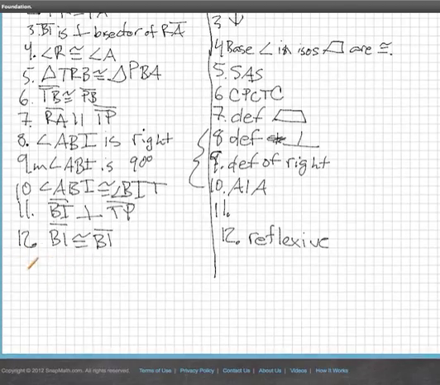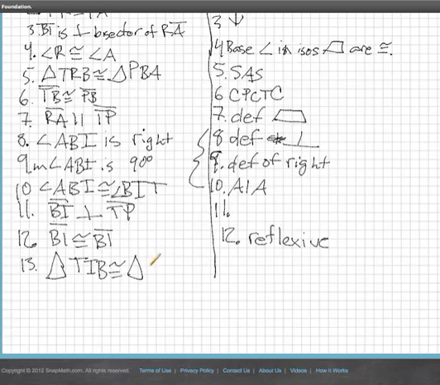And then finally, triangle TIB is congruent to triangle PIB. And this is because of one of our right triangle theorems. It's H, hypotenuse leg.